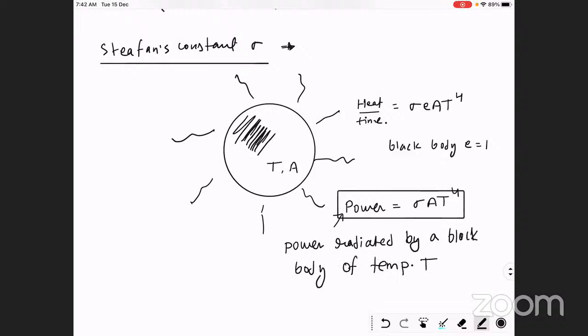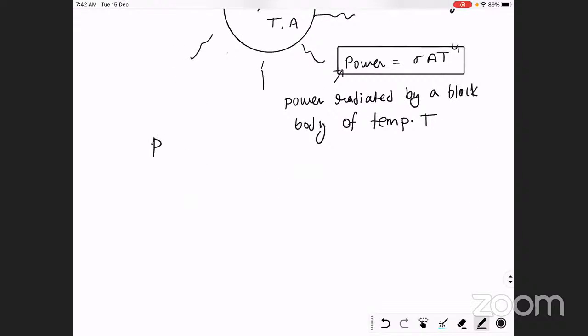Let's start writing the dimensional formula. For power, you will write ML2T^-3, am I right? Work upon time, that is ML2T^-2 divided by T. Anyone want to ask how I got this?